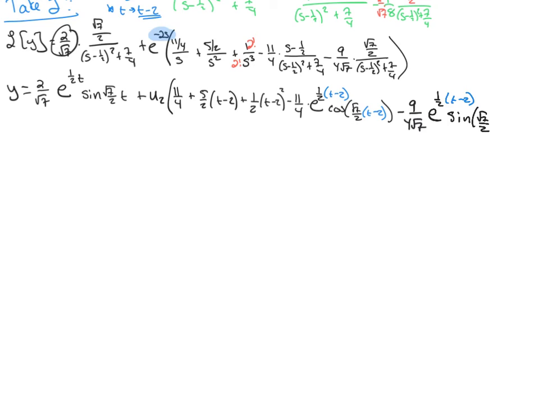I want to put a t, but I'm in the second shifting theorem, so t minus 2. Sorry that I sometimes did the blue and sometimes I didn't. So here's my 2. That accommodates the t minus 2 here, t minus 2 here, t minus 2, t minus 2, t minus 2. Done. One thing to point out, if you were in class, I would ask you, why didn't I put a t minus 2 out here? Because it wasn't part of the second shifting theorem. Okay. Done.